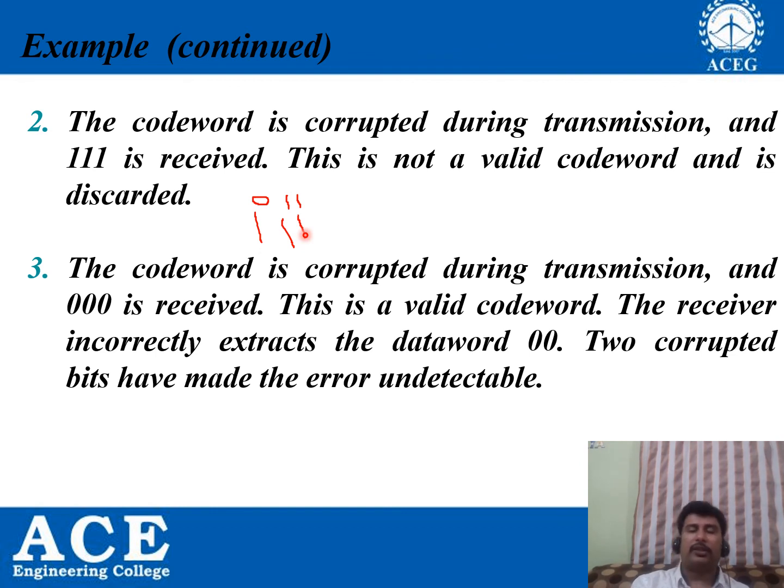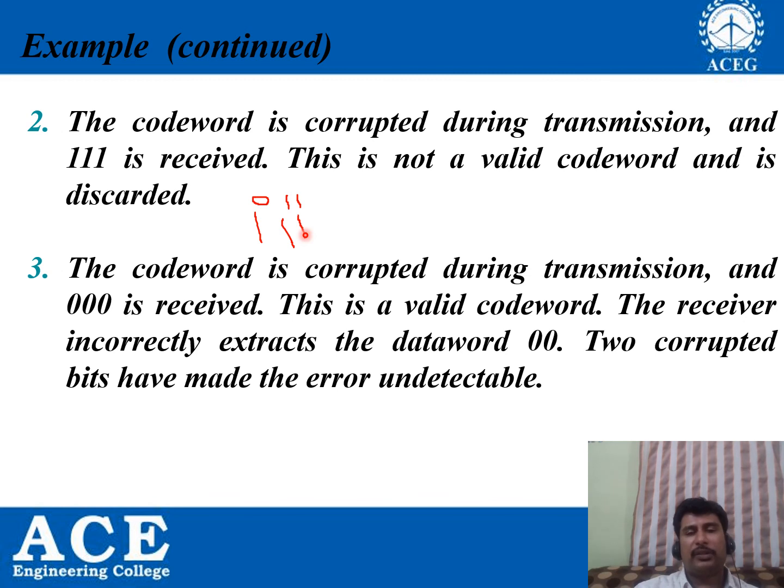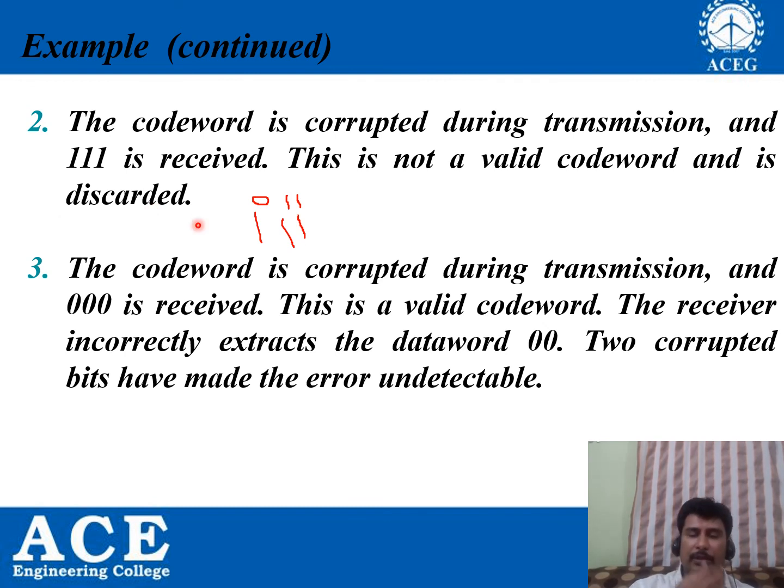But what is required? Even. Since the number of ones is odd but we require even, an error is detected, and once an error is detected, we discard that particular code word. The third scenario is when you transmitted the data as 0 1 1 and it got corrupted as 0 0 0.